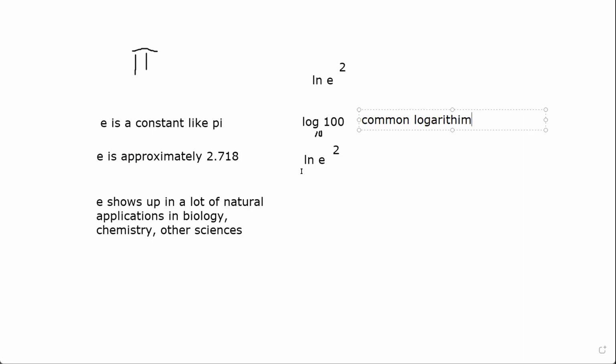Now, e, as I said, is a constant. Because it shows up so often and is so widely used, it gets its own logarithmic symbol.